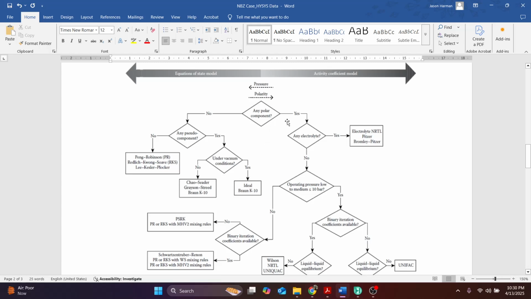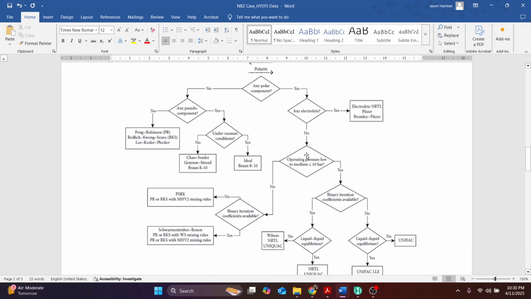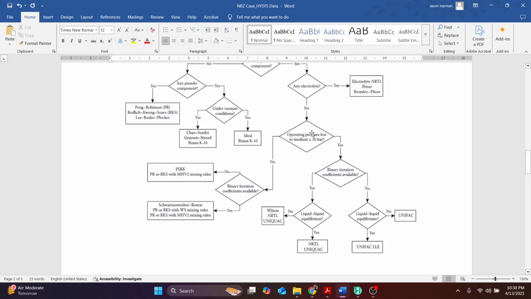Any electrolyte? No, because it's only an aromatic nitro derivative of benzene, which is nitrobenzene, and the derivative product, aniline. Operating pressure low to medium? Yes, the pressure is only atmospheric, 1 atm. Binary interaction coefficients available?